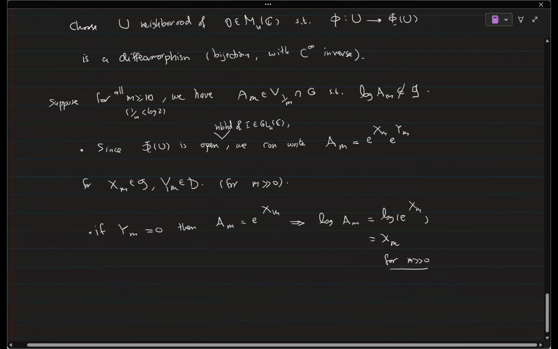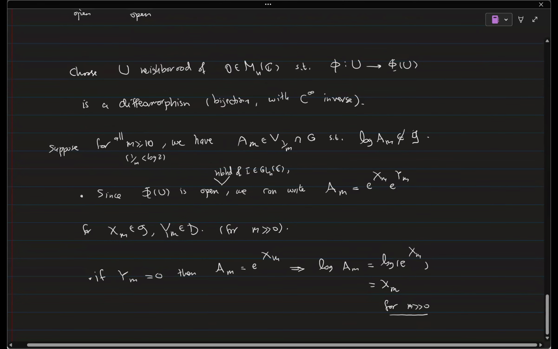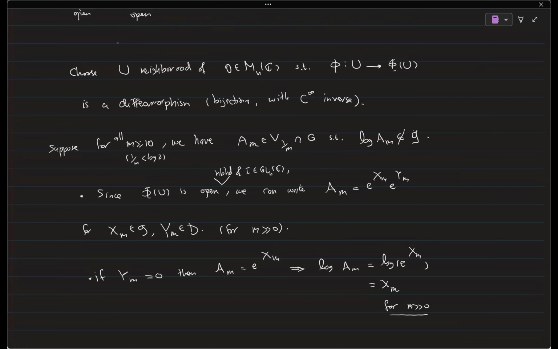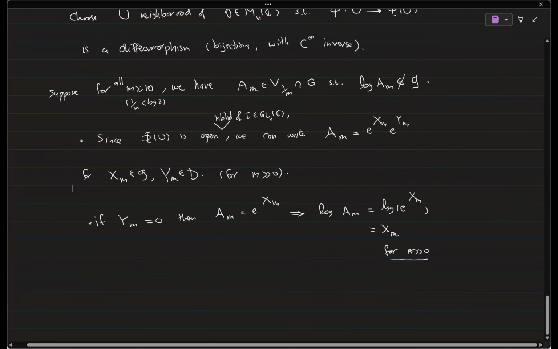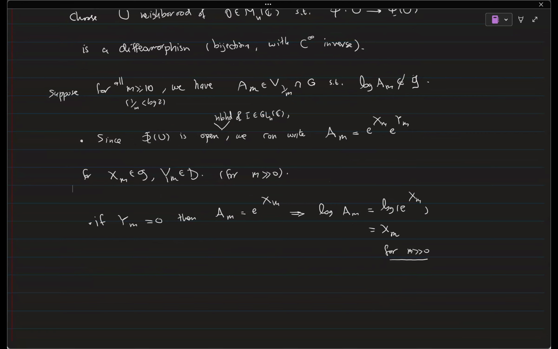Note that for m sufficiently large, this phi is a diffeomorphism from a neighborhood of 0 to some neighborhood of identity. As the xm's converge to identity, their preimages should converge to 0, which would be the log.